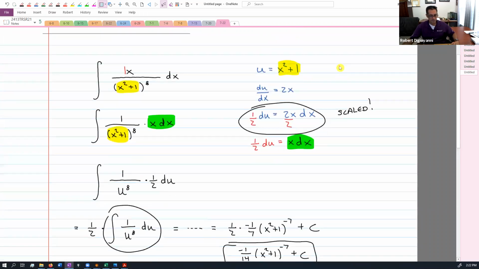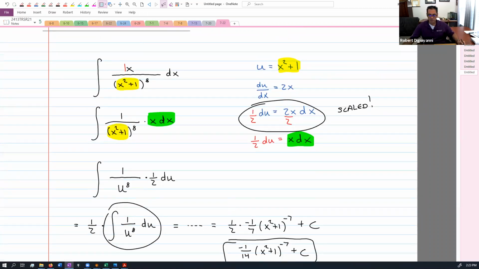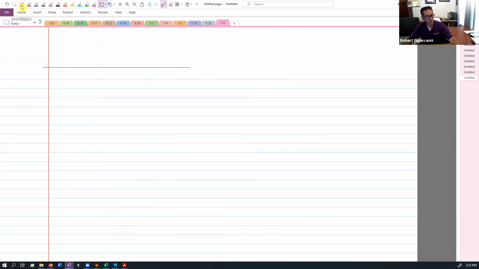Let me do one more. What if we do the same exact problem, but now I put 3x out front, 3x on top? Well, same issue, right?